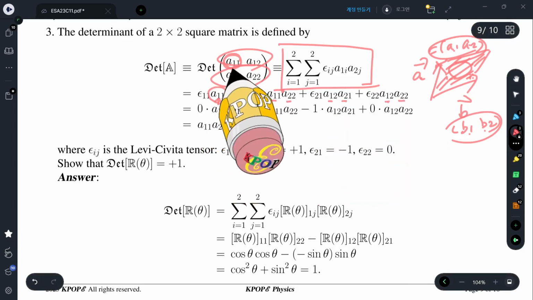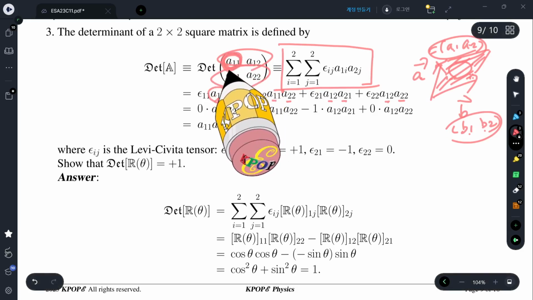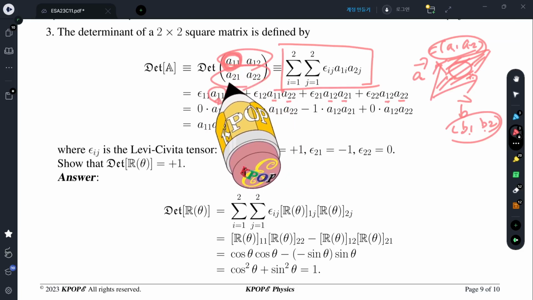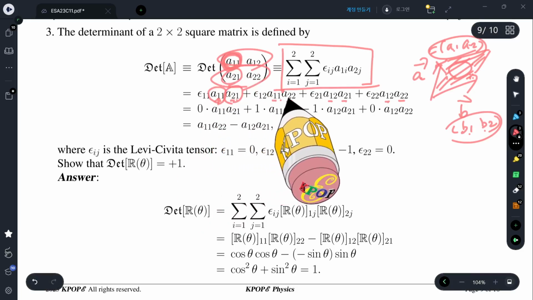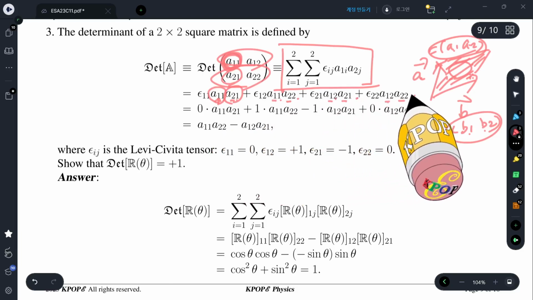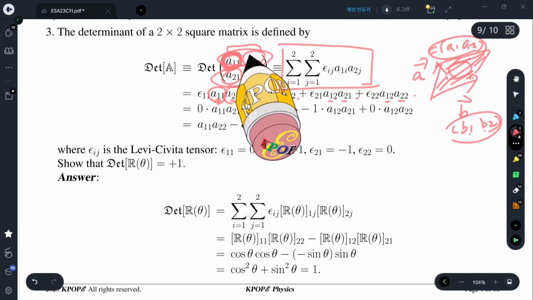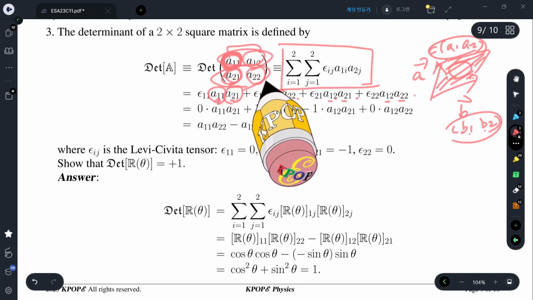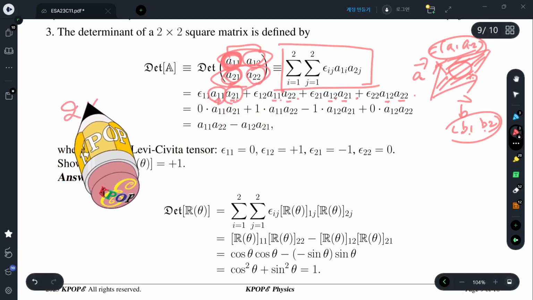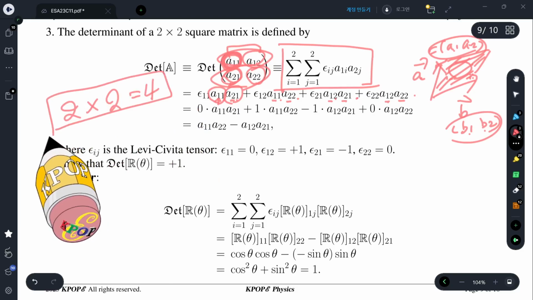We vary 1, 1, 1, 2, 2, 1, 2, 2. That means you can choose either of these 2 elements from the first row, and either of these 2 elements from the second row. So we have a choice of 2x2, which is 4 possibilities.